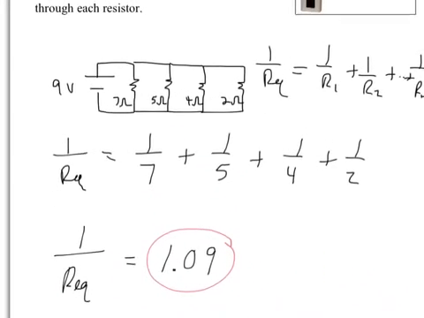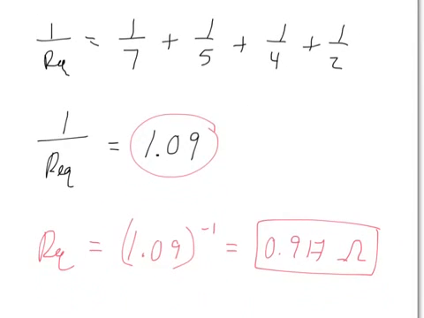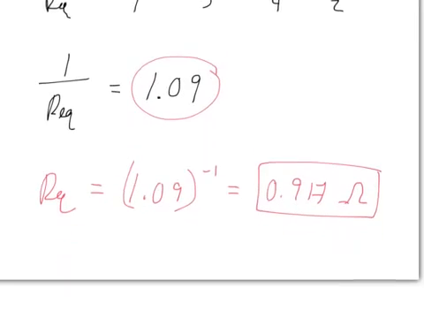The original resistors were 2, 4, 5, and 7. This number is far less than any of them. So what you can say is that in series, the sum of the resistances, or the equivalent resistance, is always going to be greater than any individual resistor. Whereas in parallel, the equivalent resistance is always going to be less than any of the original resistors that we had.